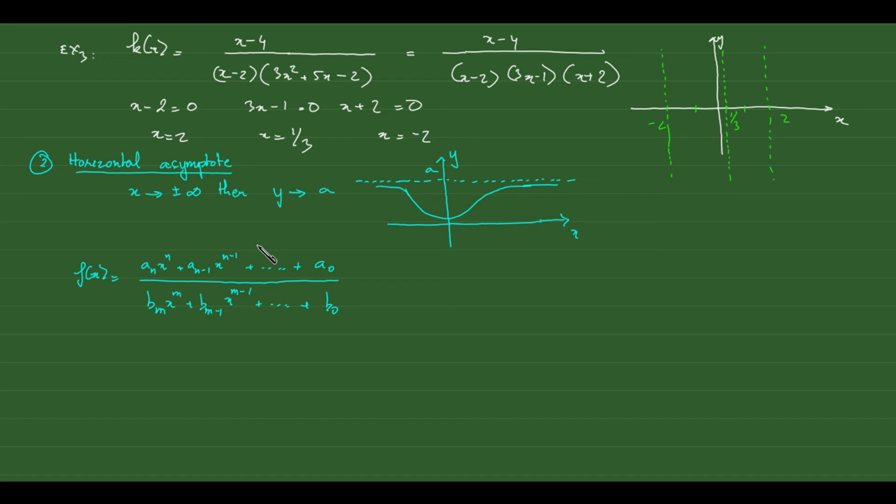The first case is if n is greater than m, which means the degree on the top is greater than the degree at the bottom, then f(x) has no horizontal asymptote. Okay, no horizontal asymptote.